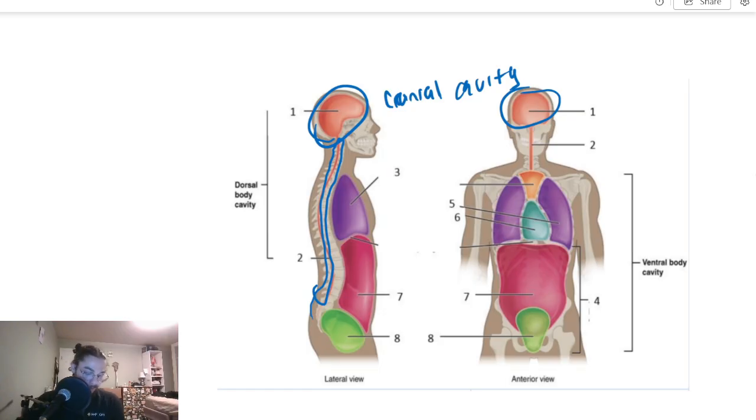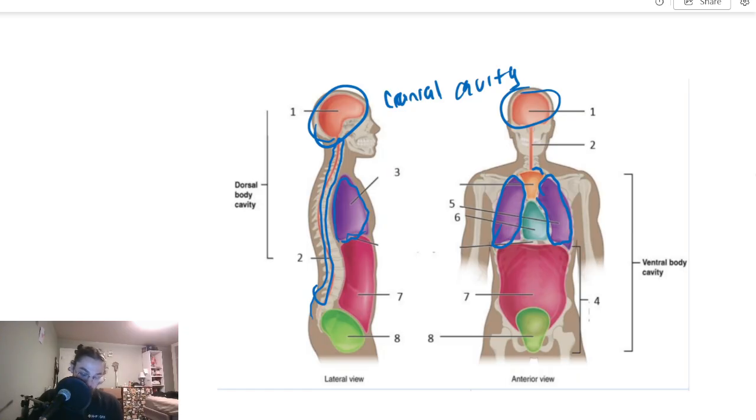Okay. Then we're going to have our superior mediastinum. All right. I guess I should go in order maybe. Let's go number 3. This is going to be, if you look at the entire thing, it's your thoracic cavity. But if you look at just this purple bit, this is going to be your pleural cavity. So this is where your lungs are going to be.